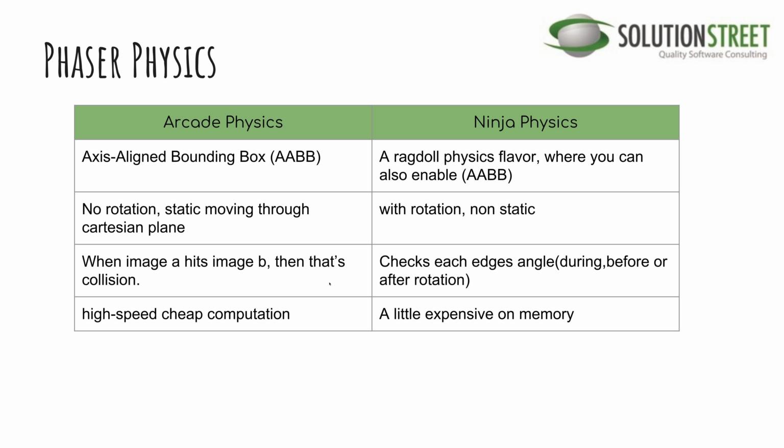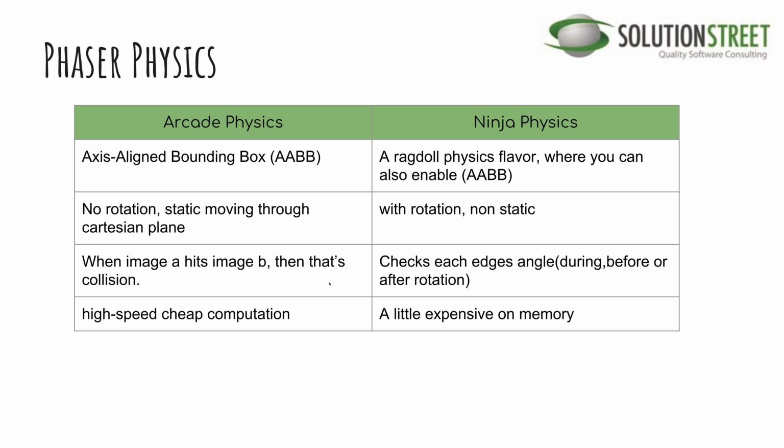The difference between the two is that arcade physics is just axis-aligned bounding box, or AABB. What that means is if you're in a Cartesian plane and image A hits the X of image B, there's already a collision. It would trigger a collision, which means there's no static, no rotation, no angles that can be computed.